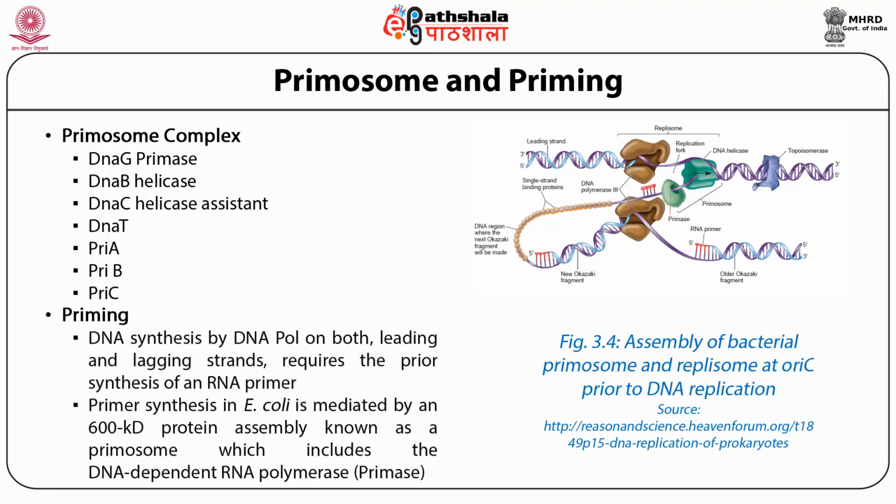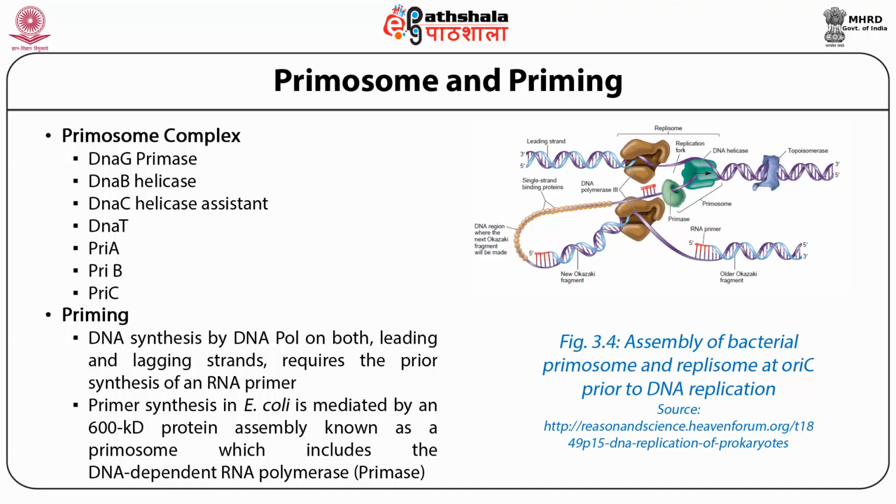Priming includes synthesis of a short stretch of ribonucleotides, which acts as the RNA primer, upon which the DNA polymerase is able to extend the newly synthesizing DNA strand by adding deoxyribonucleotides to the available terminal.